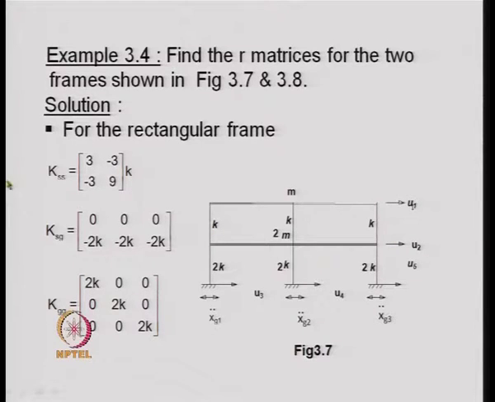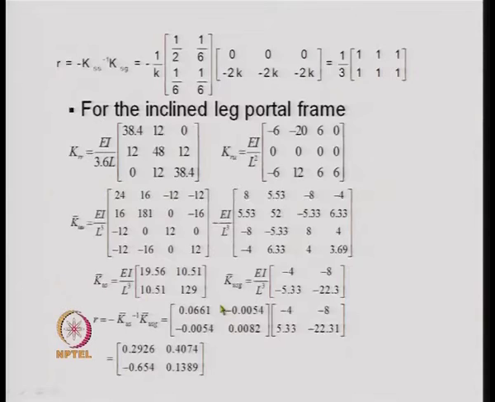So, the partitioned matrix for that, or Kss matrix, was this, the Ksg was this, and then with the help of the equation for R, we calculated this quantity, that is Kss inverse Ksg, and that turned out to be 1/3 into 111 and 111.